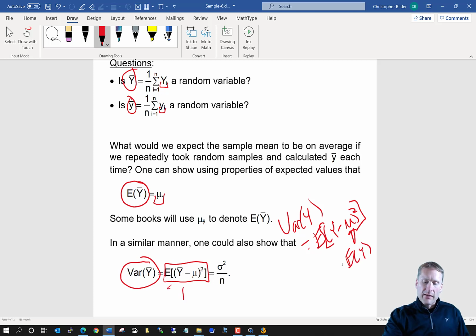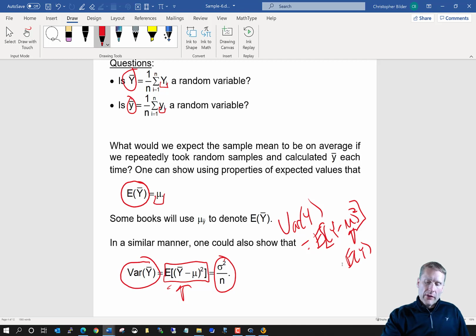The same concept applies here when we're finding the variance of y bar. And again, one could show mathematically that this is equal to sigma squared divided by n. And let me just emphasize, where does one actually prove this mathematically? That will be the purpose of a mathematical statistics course.